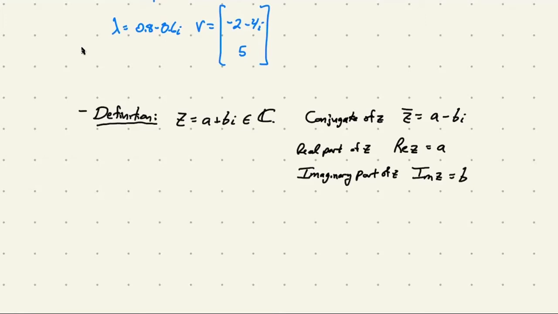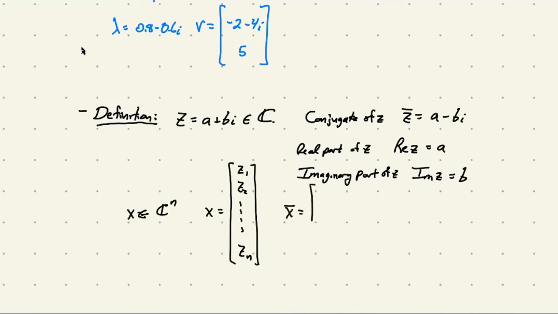I can also create vectors of complex numbers, which I alluded to at the beginning of class. So if I let x be in Cn, I can think of x as having n entries, each of them a complex number. Once I have a vector, I can define the conjugate of the vector as the vector of conjugates: z1 bar, z2 bar, all the way down to zn bar.